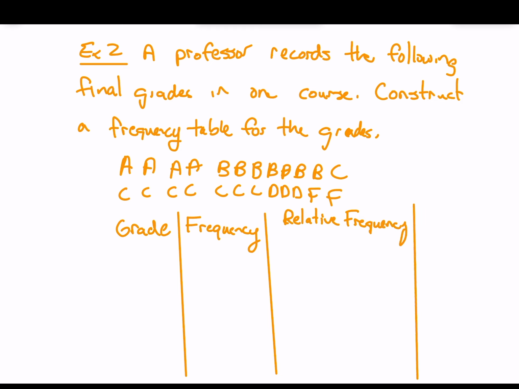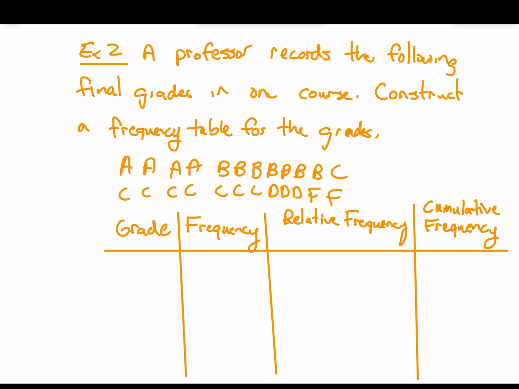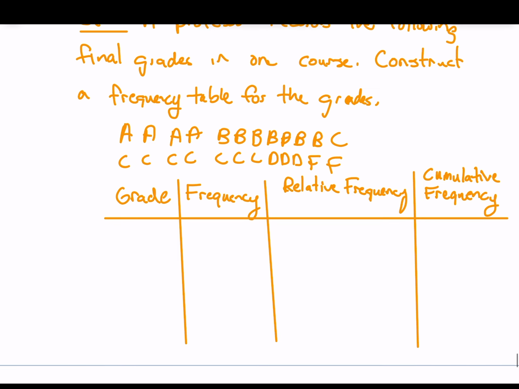And in our last column, we'll do cumulative frequency. Okay, so our five possibilities for grades are A, B, C, D, and F. And then we'll have a total row.